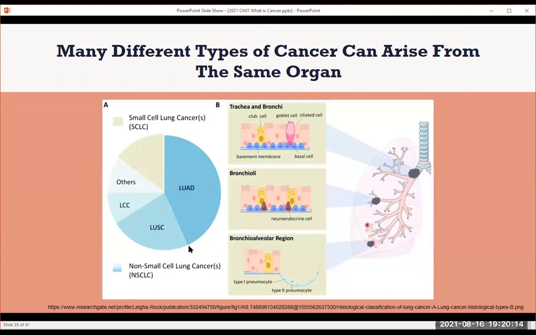They're generally broken up into small cell lung cancer and non-small cell lung cancer, but then there are some others that don't fit into those classifications. There are specific kinds of cancers that arise from different areas within the lung and the different cells that make up the lung. So it's important to classify it correctly because they're going to have different responses to treatments.